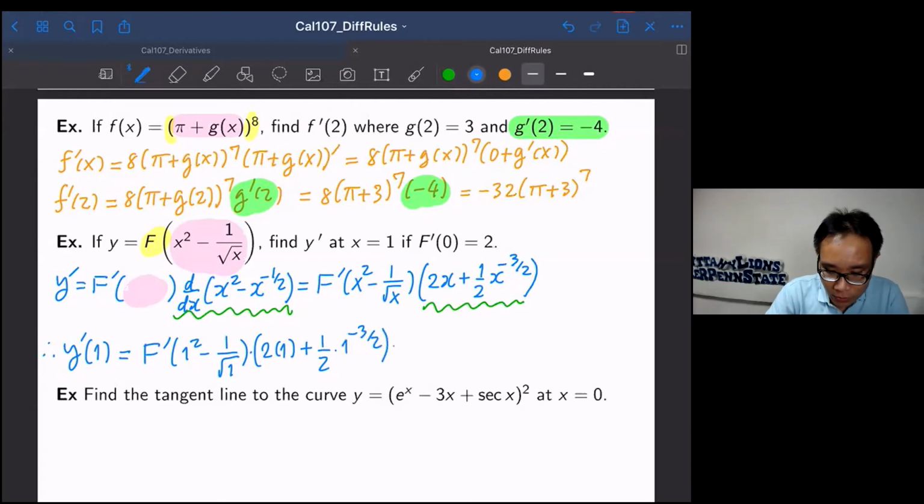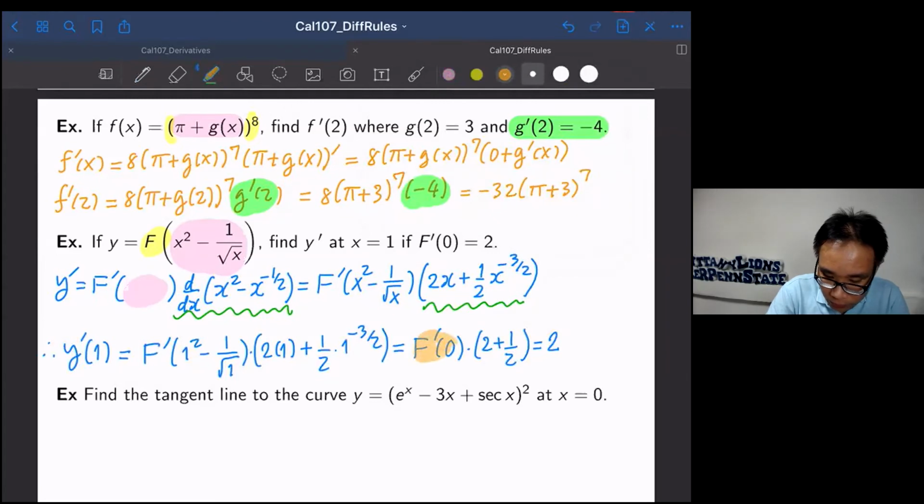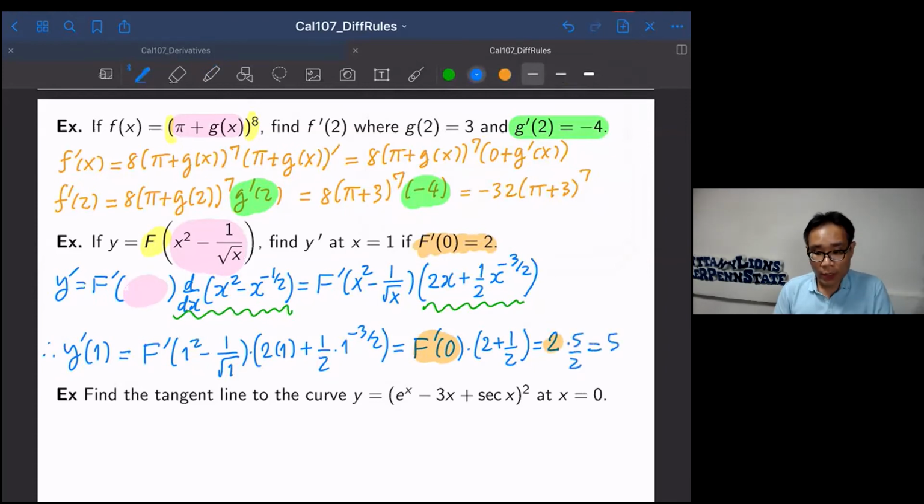So in this case it's going to be f'(0), multiplied with the numbers that you have. This one is 2 plus 1/2, and f'(0) equal to 2. And you're going to multiply with 5 over 2, so basically you would get 5 for the final answer.